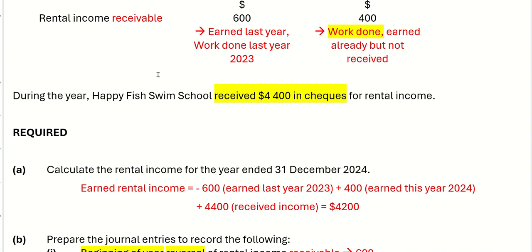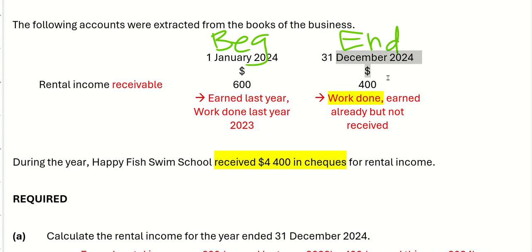Julian, which is the year-end adjustment? The year-end adjustment is always at the last day of the year. It's always the receivable, the receipt in advance, the expense payable, the prepaid expense. Those are all the year-end adjustment.